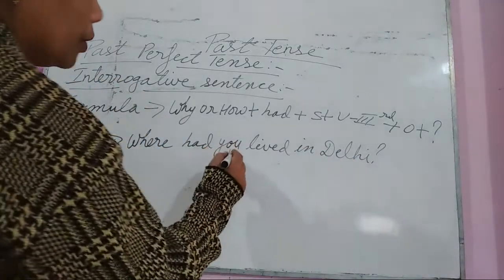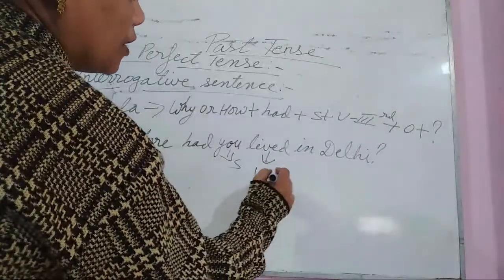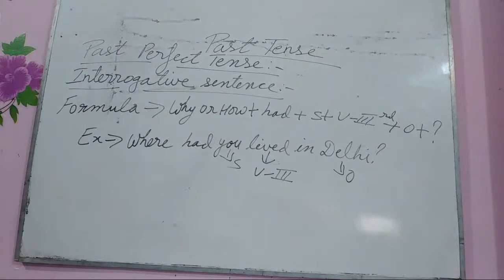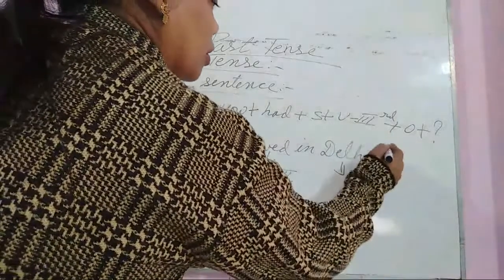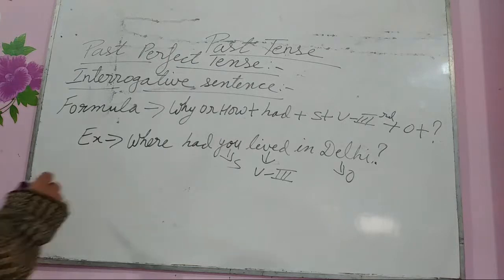Here you is the subject, lived is the verb of third form, and Delhi is the object, and the question mark is present over here. So where had you lived in Delhi? Now let's see the next example of the same.